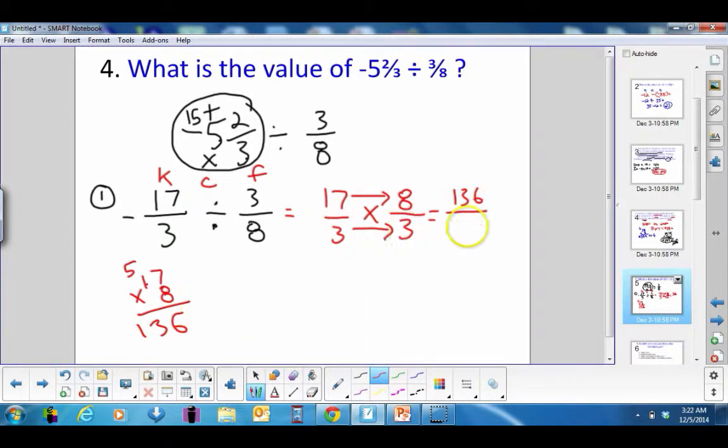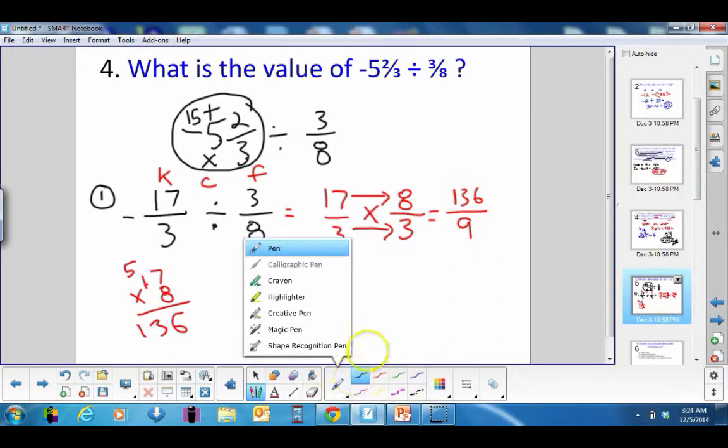And then 3 times 3 is 9. Now, this is an improper fraction. In my answer, I can't leave it improper. I do need to change it. So we have 136 over 9.